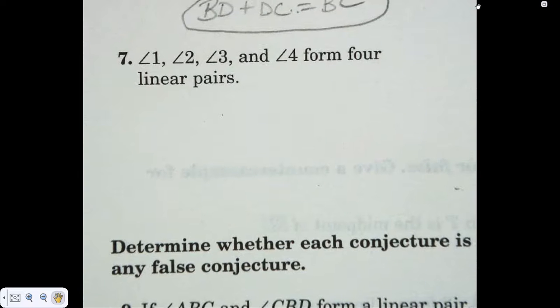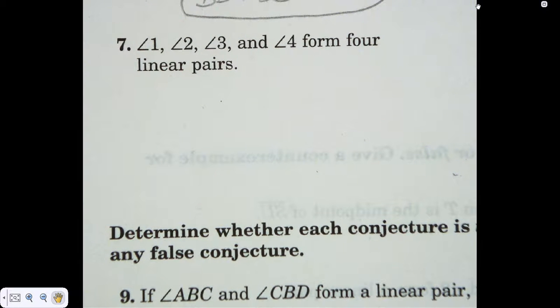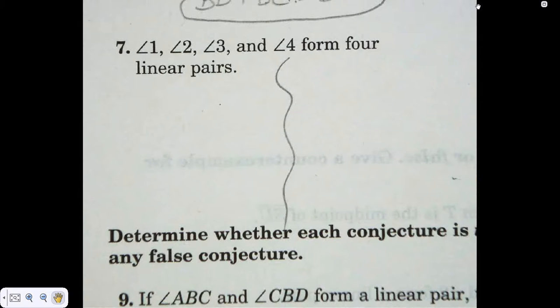Okay. And some of these, I could see being confused here and maybe getting one of two answers.